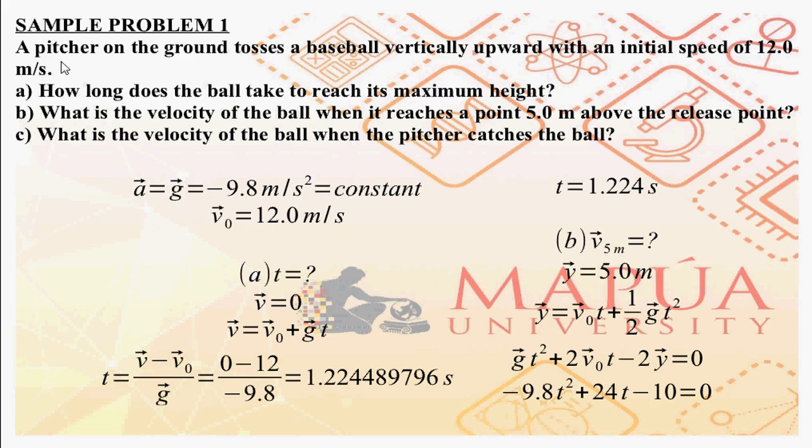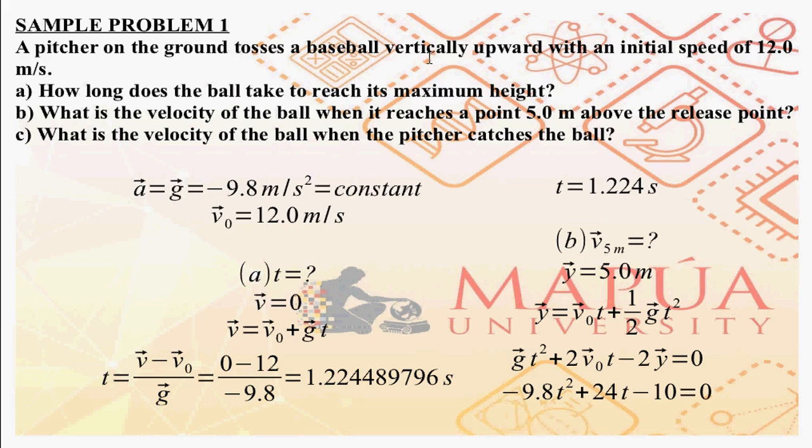The pitcher tosses the baseball vertically upward. As such, the object will be undergoing freefall motion. Automatically, the acceleration is equal to negative 9.8 meters per second squared. The initial speed is 12 meters per second.